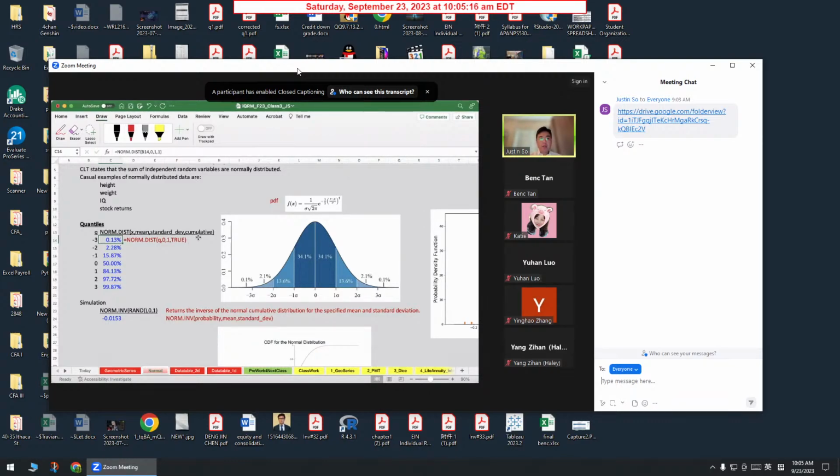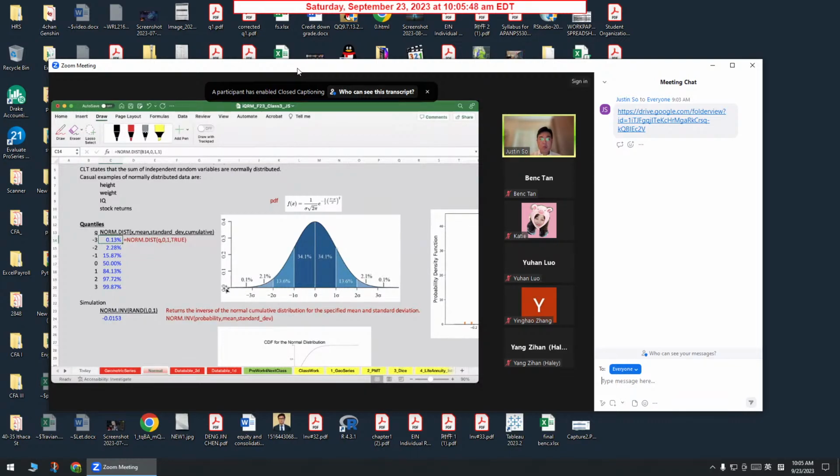Now, the last one is the condition. When we write down true or type 1, it becomes the cumulative. What does cumulative mean? If you don't give that as cumulative, it's a false condition, typing 0. It will give us the value of y, which is the height at that exact data point at -3, the height of this one.